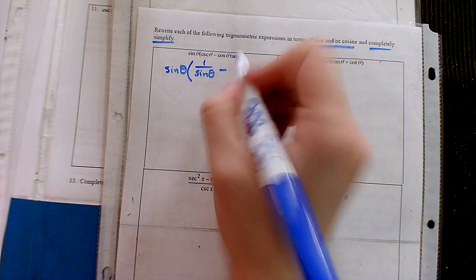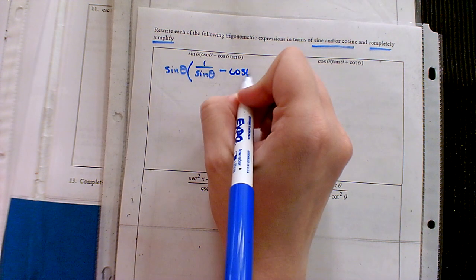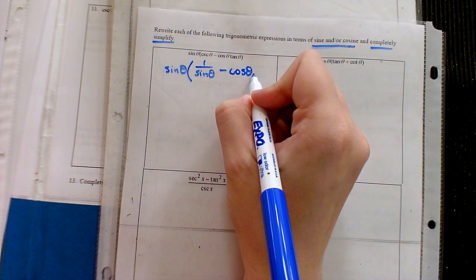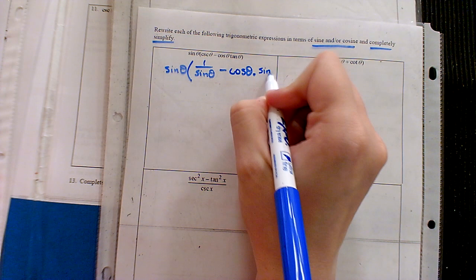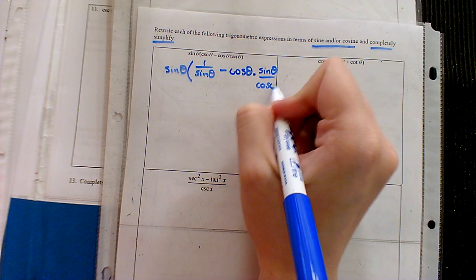If we look at the next term, that's cosine. We don't have to rewrite that one. And then we got to multiply tangent. How can we rewrite tangent in terms of sine or cosine? Sine over cosine, good. Notice how on your paper you have sines or cosines everywhere. It's no longer tangent, cosecant, anything like that.